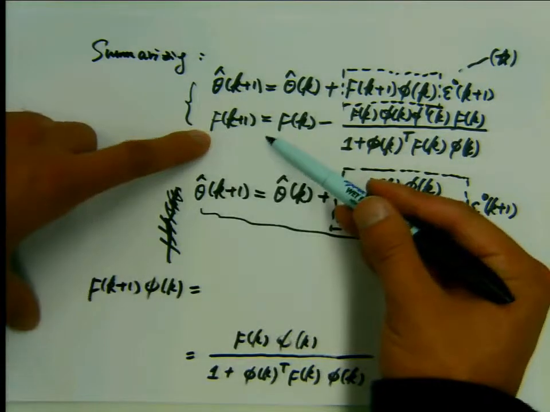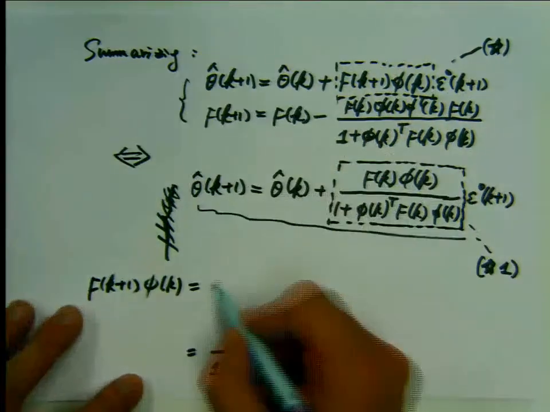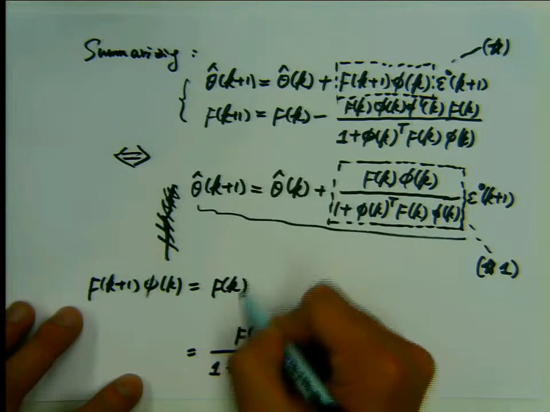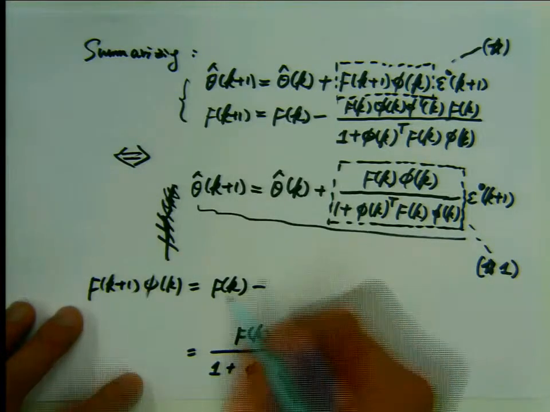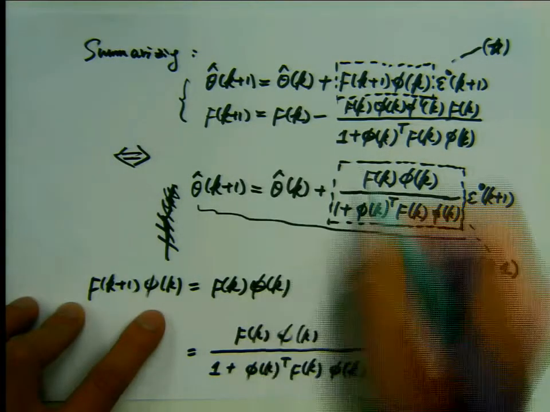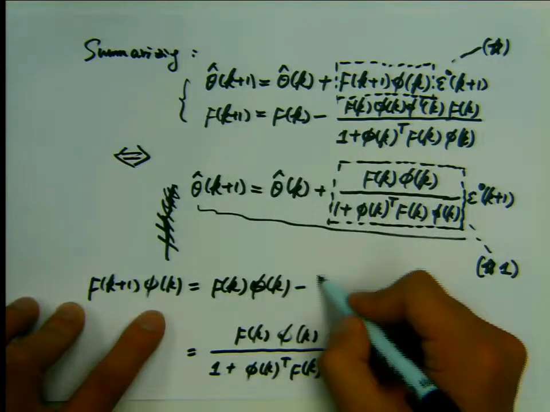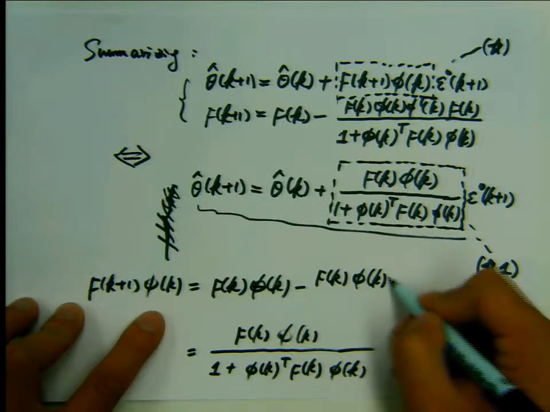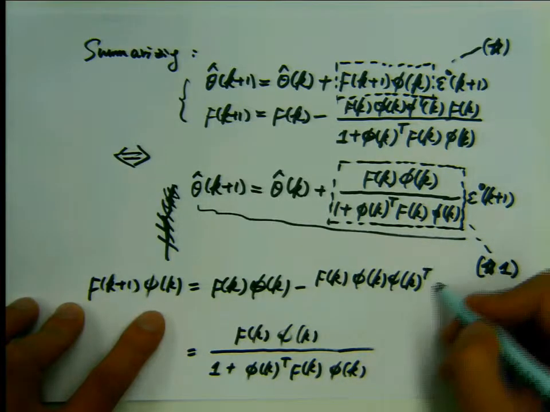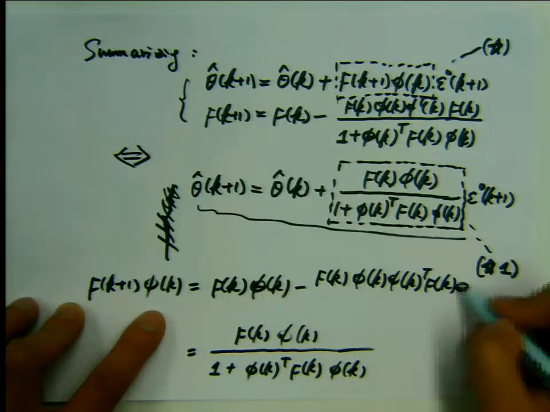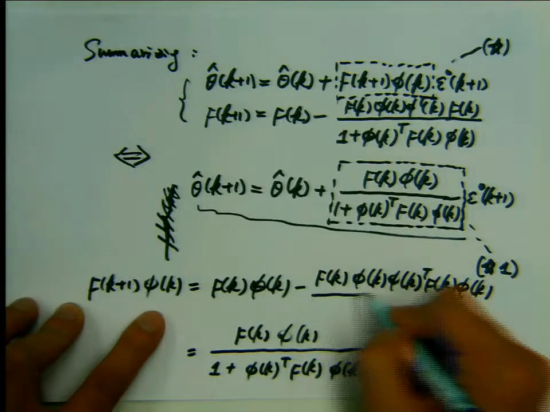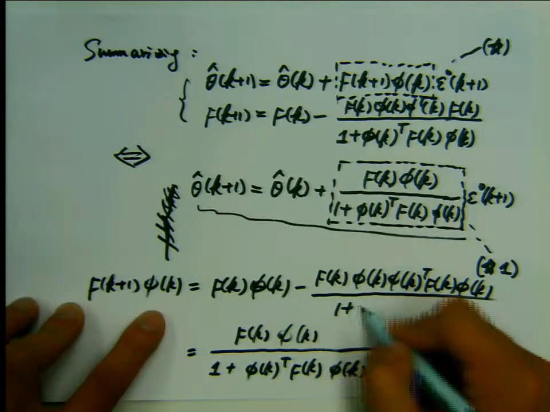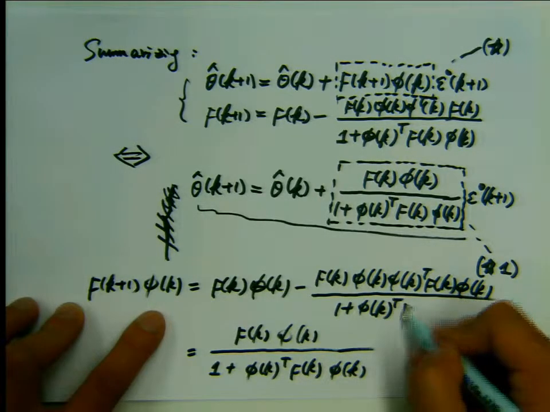Substitute this to here. Let's try. So Fk, that is going to be phi k, so I'm going to multiply it inside, minus Fk phi k transpose Fk phi k divided by 1 plus phi k transpose Fk phi k.